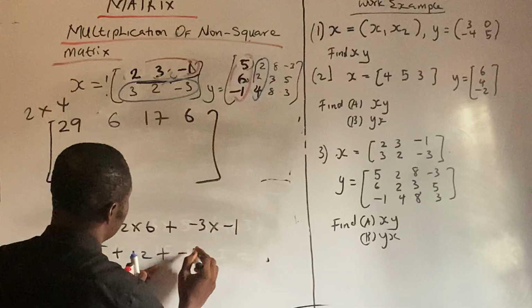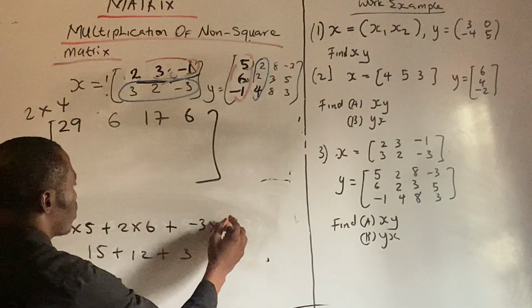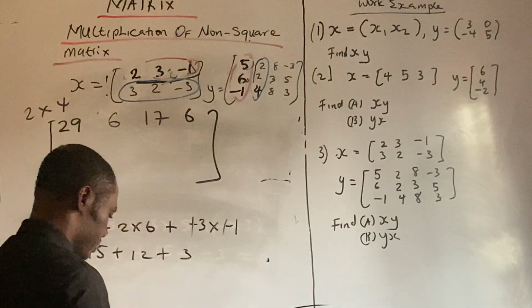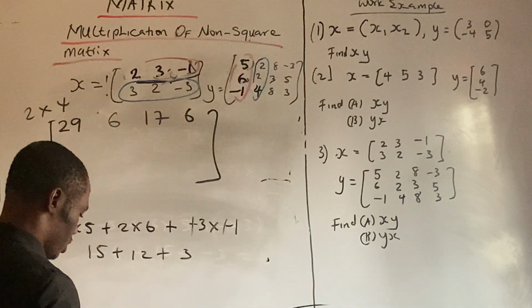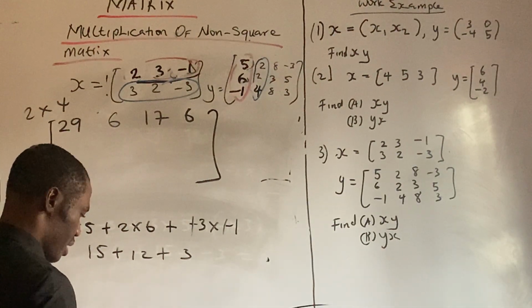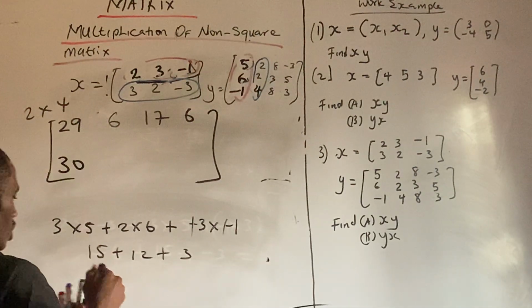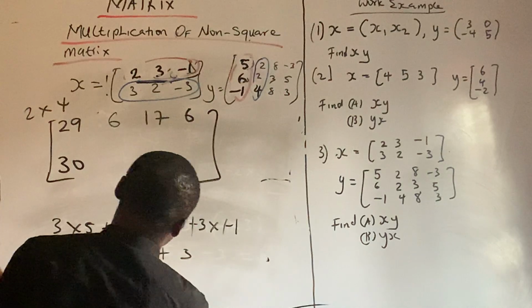This times this is plus 3 because minus will cancel minus. Let's add this up together. 15 plus 12 plus 3 will give me 30. So I have 30 in this column. All right, that's 30.